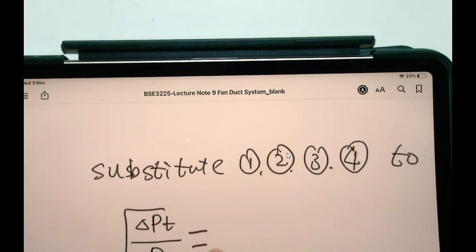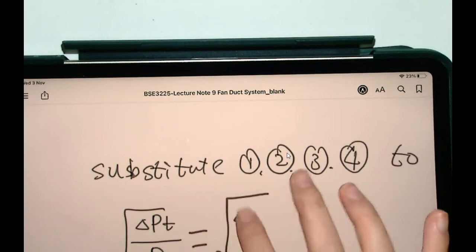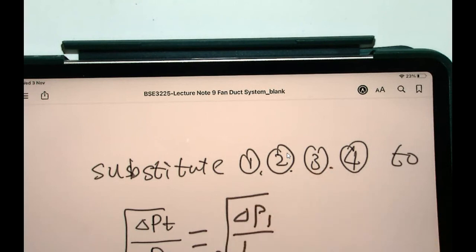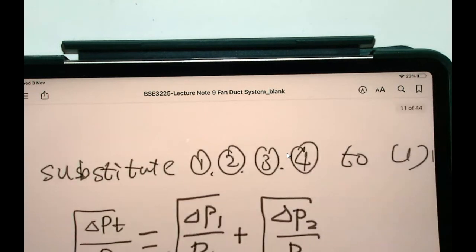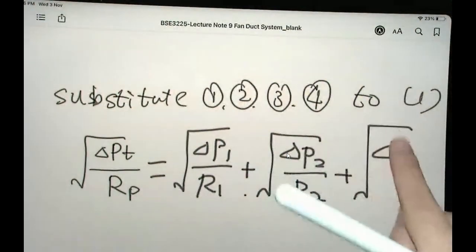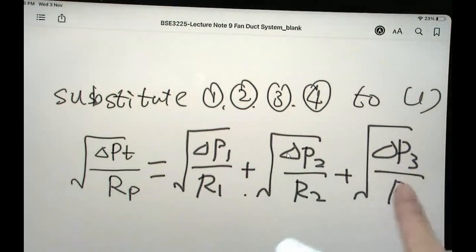On the right-hand side, the first term is delta P1 divided by R1, the second term is delta P2 divided by R2, and the third term is delta P3 divided by R3.